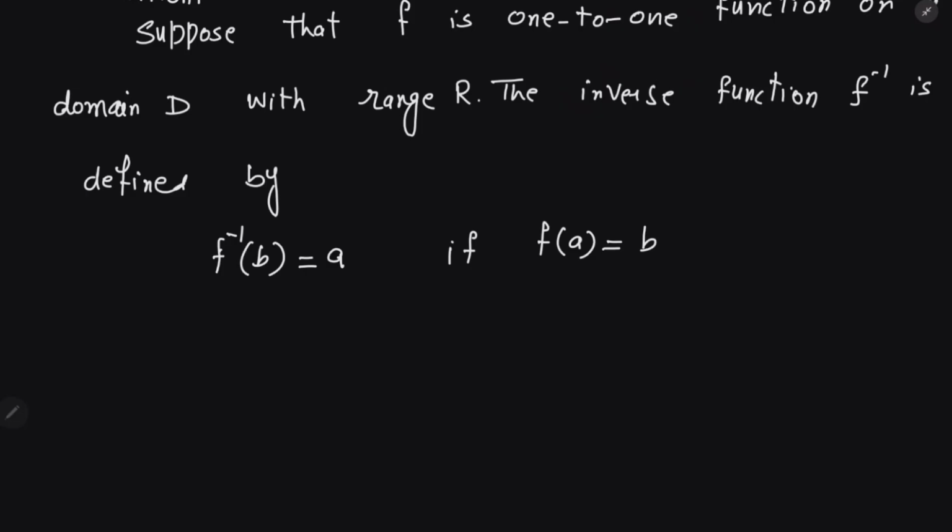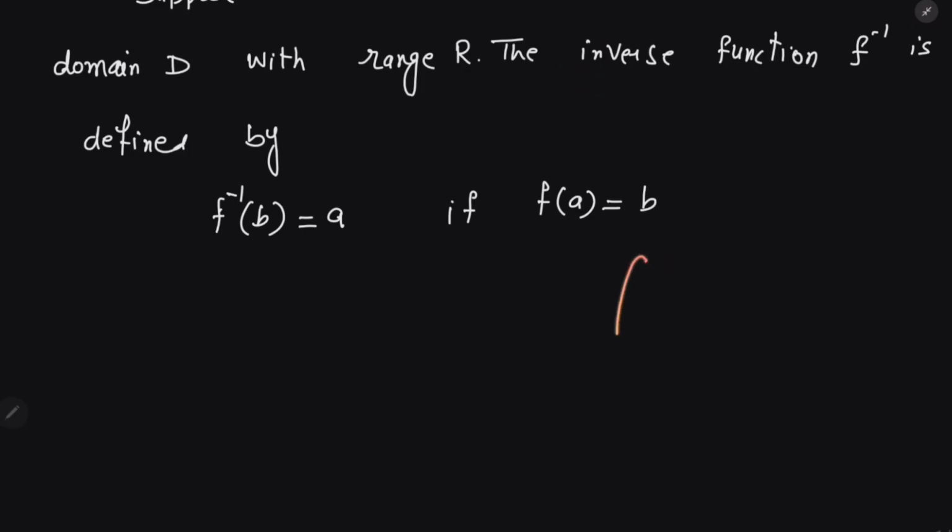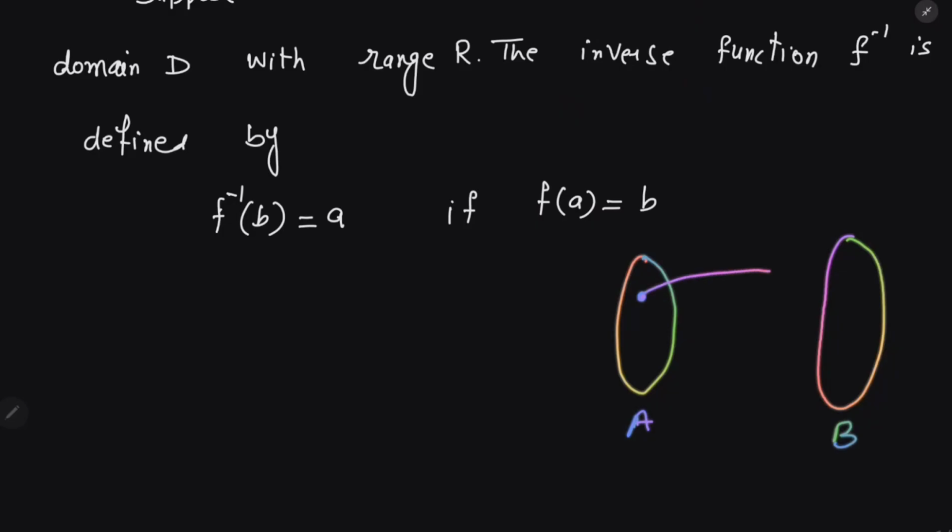So one-to-one means that if we have a set A and there is another set, for example B, then for each input we have a unique value available in B. For the second value we have a value that exists in set B. Why is there a requirement of one-to-one in inverse function?